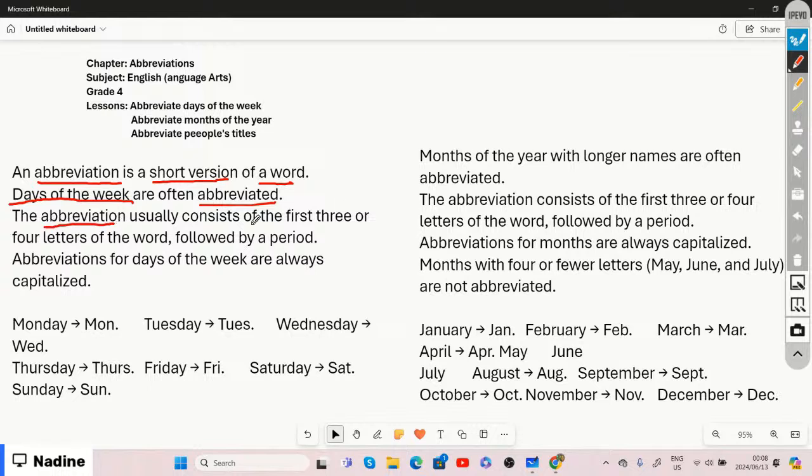And the abbreviation usually consists of the first three letters or the first four letters of a specific word of the days of the week, and then it is followed by a period.